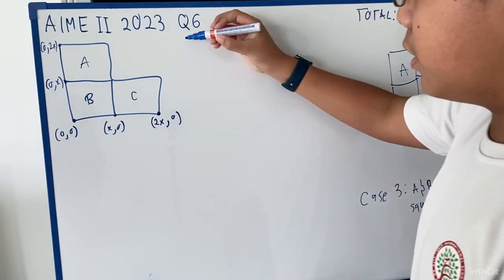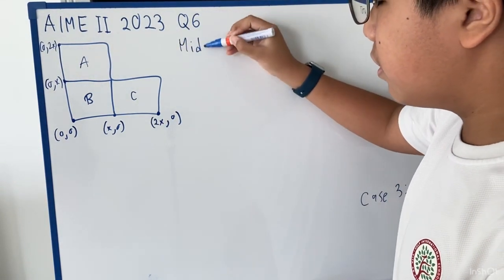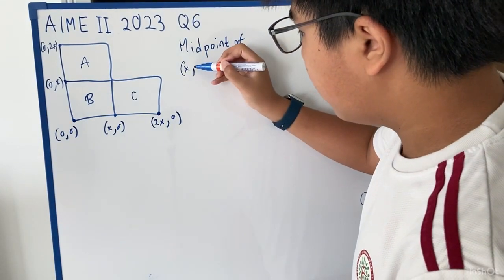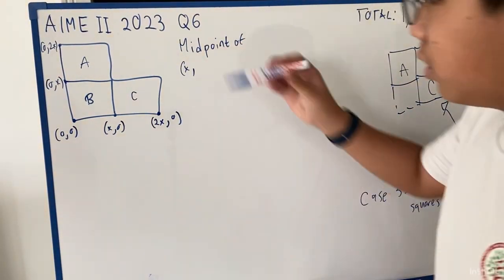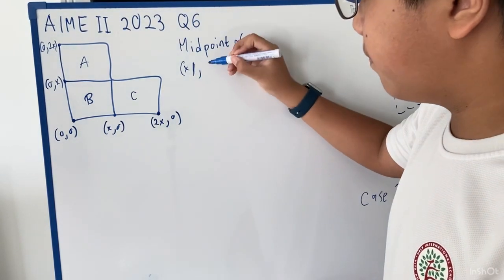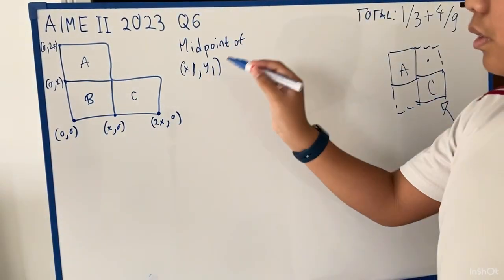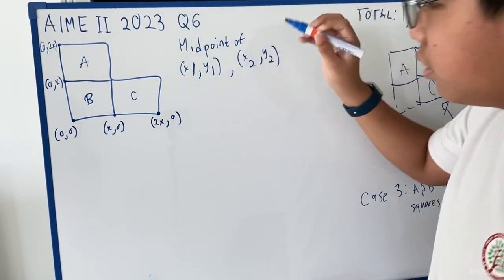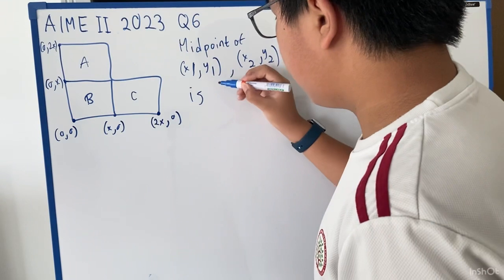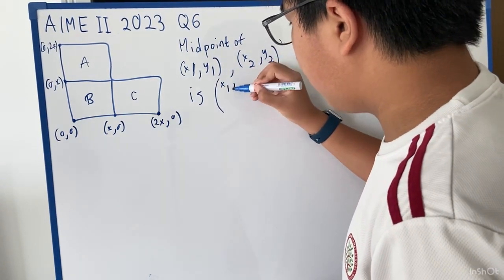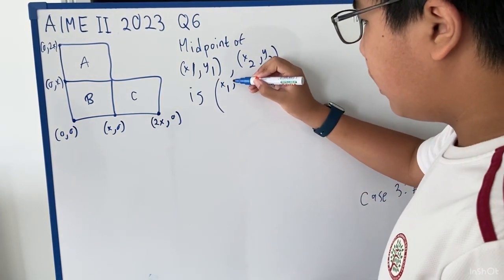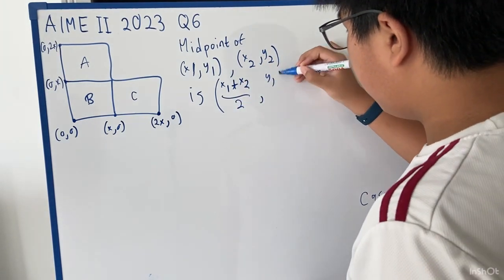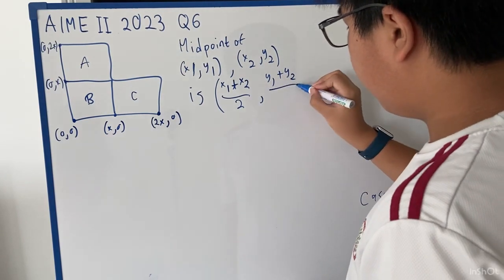Okay, so here's the formula for you guys. The midpoint of 2 points, let's say x1, y1 and x2, y2, has the coordinates x1 plus x2 over 2, comma y1 plus y2 over 2.